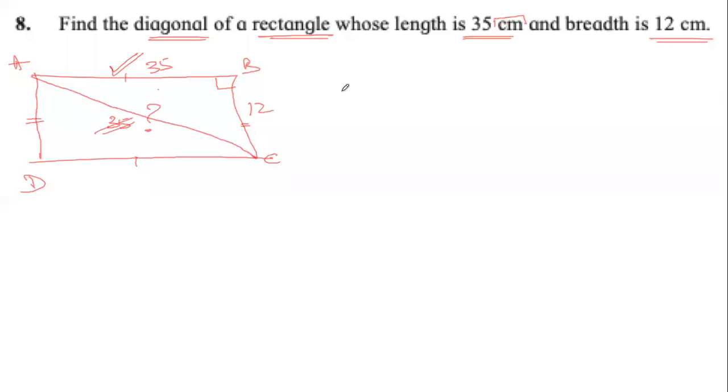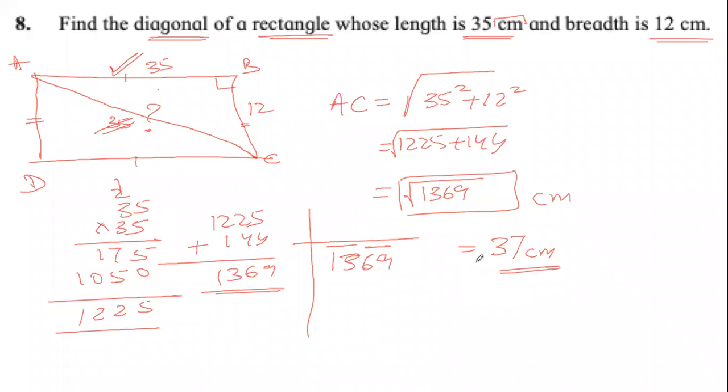So in the right angle triangle ABC, we see that angle B is equal to 90 degrees because this is a rectangle. So clearly AC is the hypotenuse. So just by using the Pythagoras theorem, we can say AC equals to square root of 35 square plus 12 square. You will make the calculations, and you will get the answer in cms.